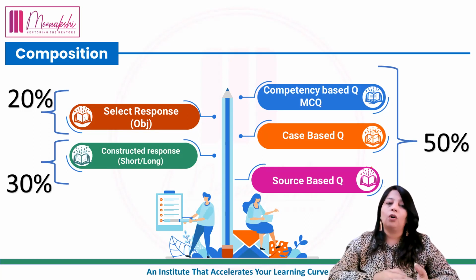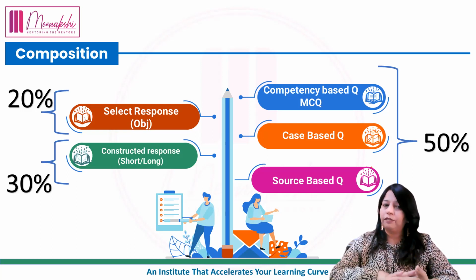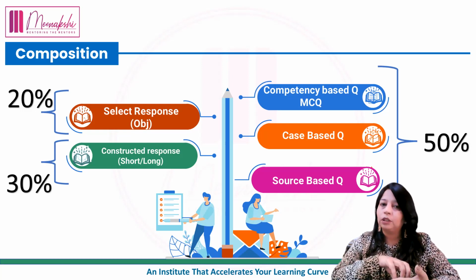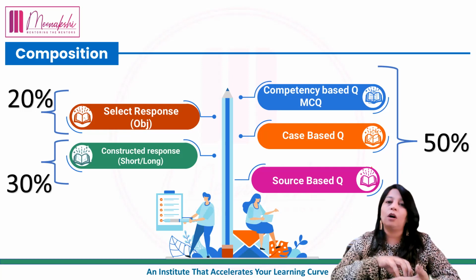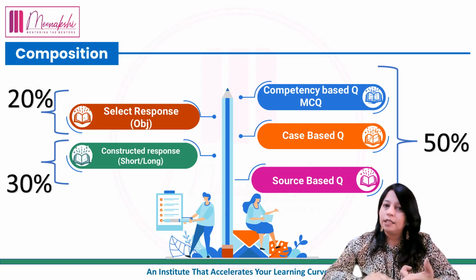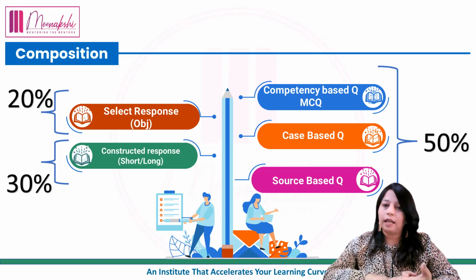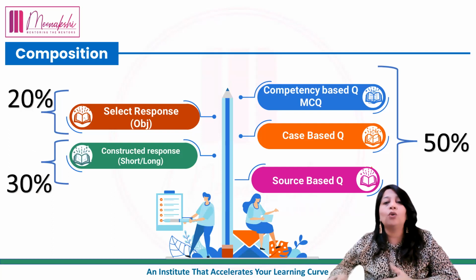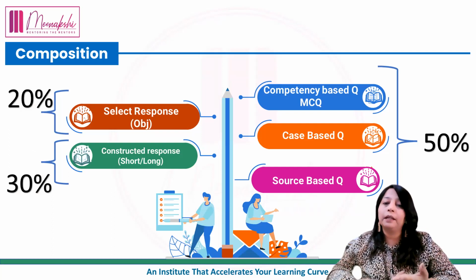It comprises 20% of select response or objective type questions and 30% of constructed response questions that comprise VSA, very short answer type questions, SA, short answer type questions, and LA, long answer type questions. And 50% of the weightage is given to competency-based questions, case-based questions, source-based questions, right?